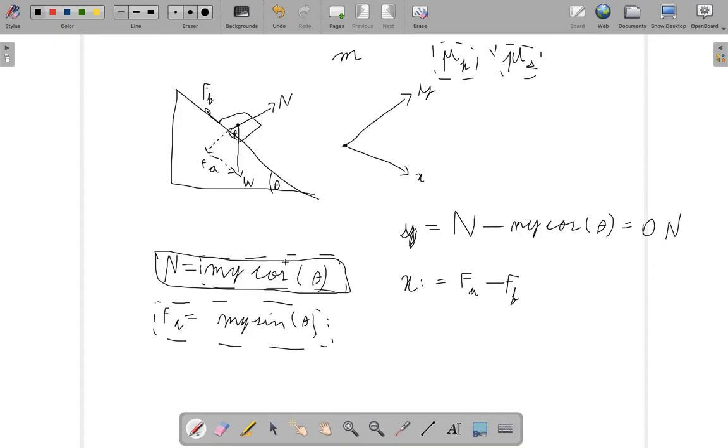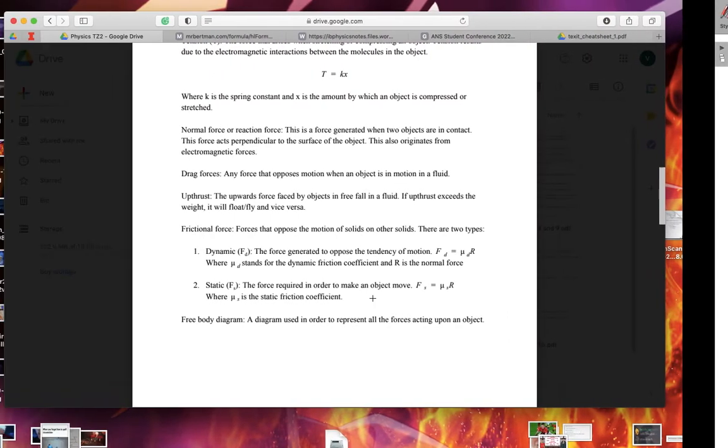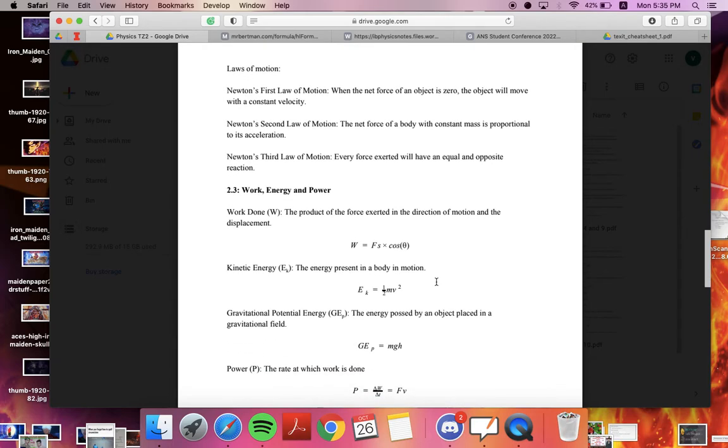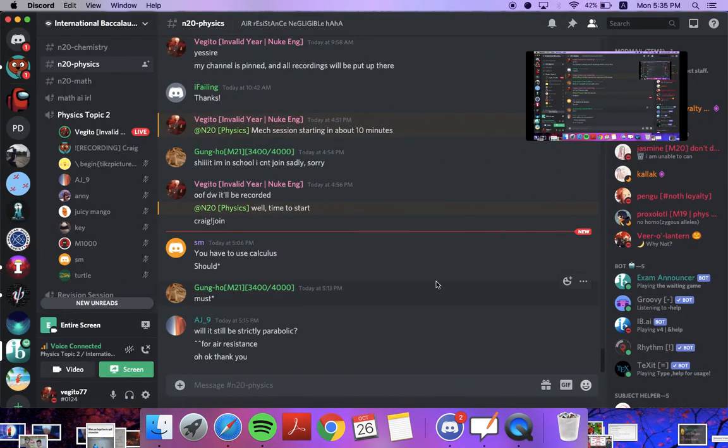You have to use this normal force, not just mg. You have to do mg cos theta and make sure that you do it. And like that, you should be able to carry out any calculation related to ramps. And I believe that's it for 2.2. Before I move on, are there any questions? Anything you'd like me to go over?